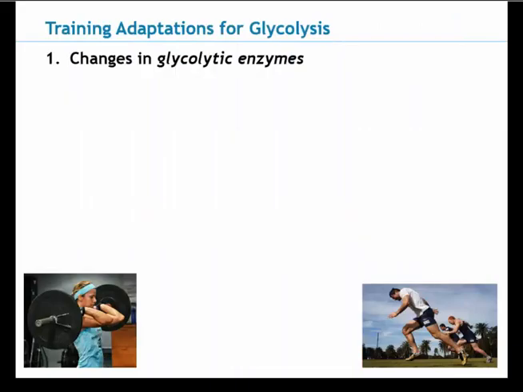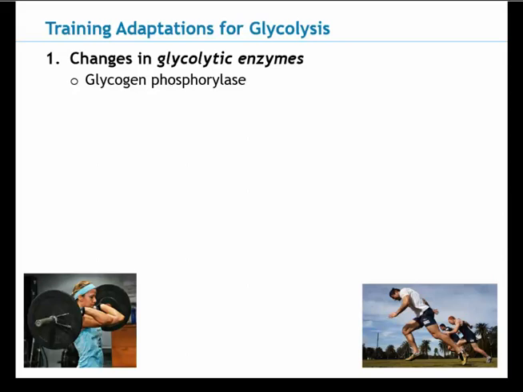The next training adaptation is changes to glycolytic enzymes in the system that we learned about previously. So glycogen phosphorylase, if you remember what this enzyme does, it breaks down intramuscular glycogen into glucose 1-phosphate.